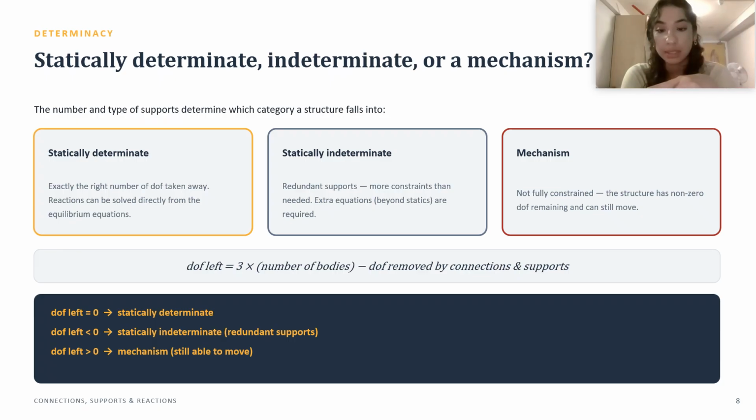Statically indeterminate means redundant support, but statically determinate might not move. So why do we have to know this?